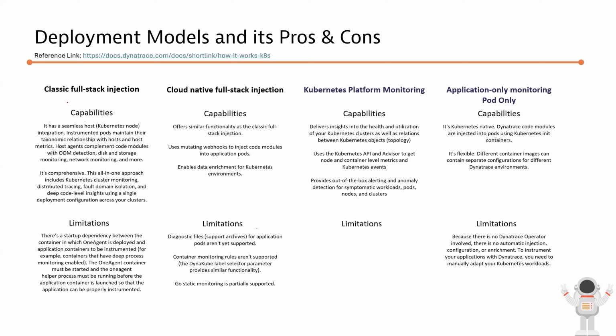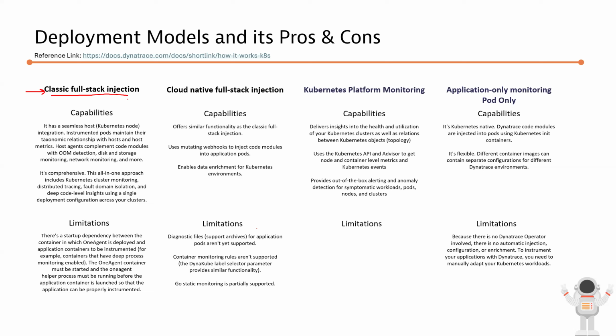So a very common deployment strategy is the classic full stack. And we will also be seeing in which scenario what needs to be used. The first and very commonly used deployment strategy, which we used to use earlier, is called classic full stack injection, right?